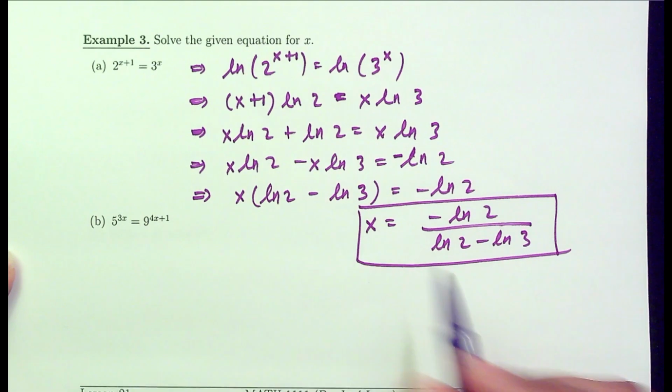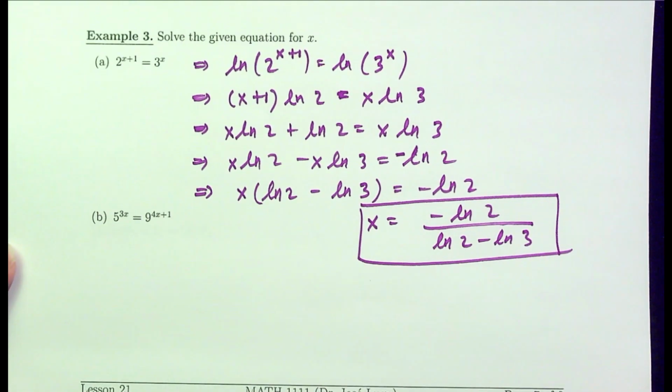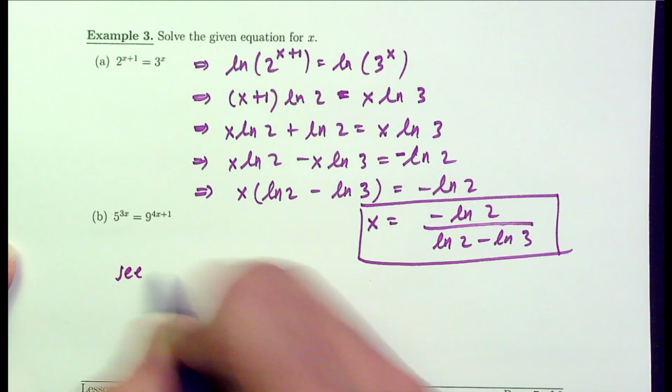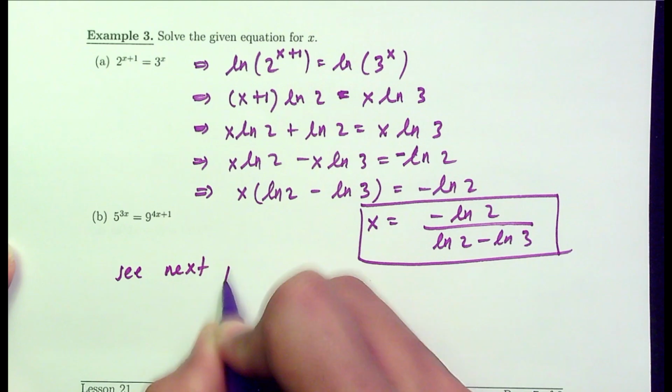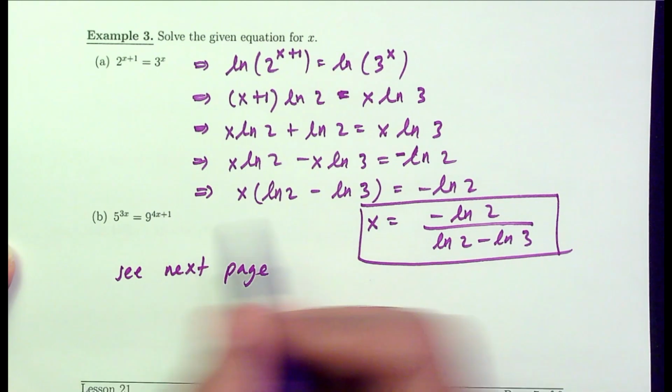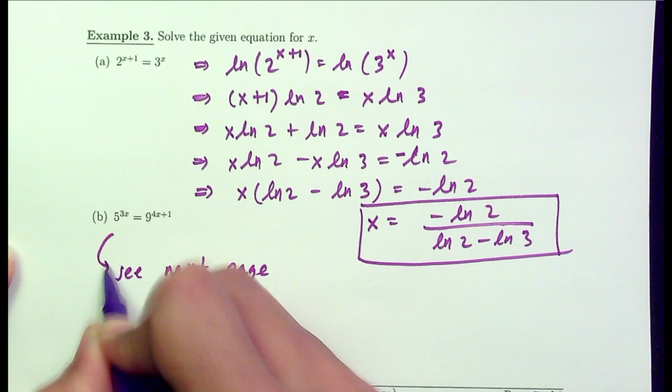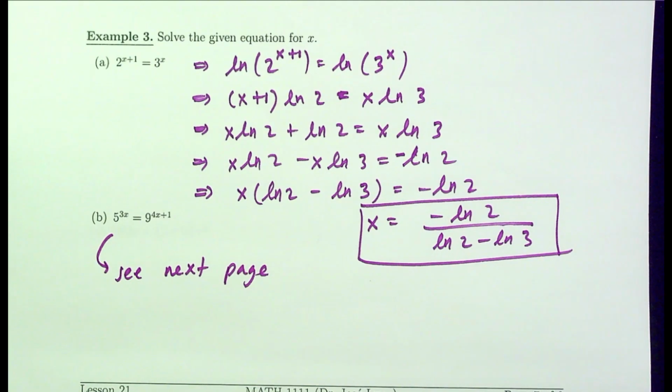Okay, this one I don't think I'm gonna try to force this whole solution in this space. I'm gonna write C, next page, and I'm gonna do it in a separate page.